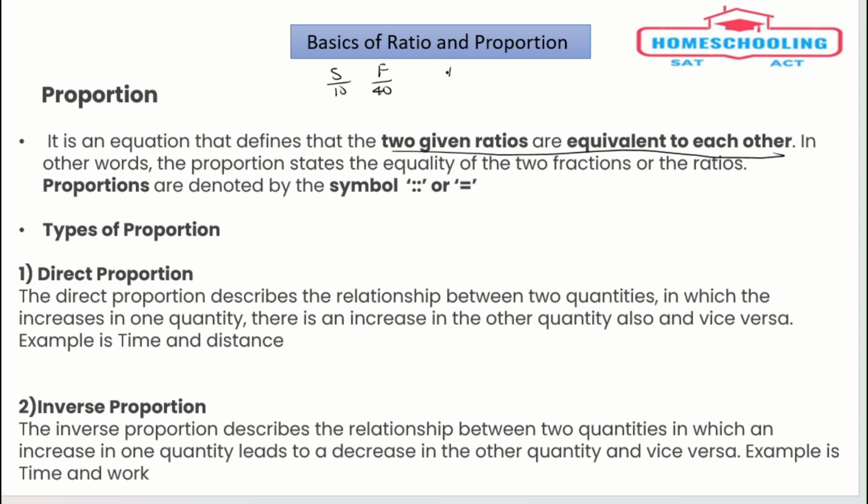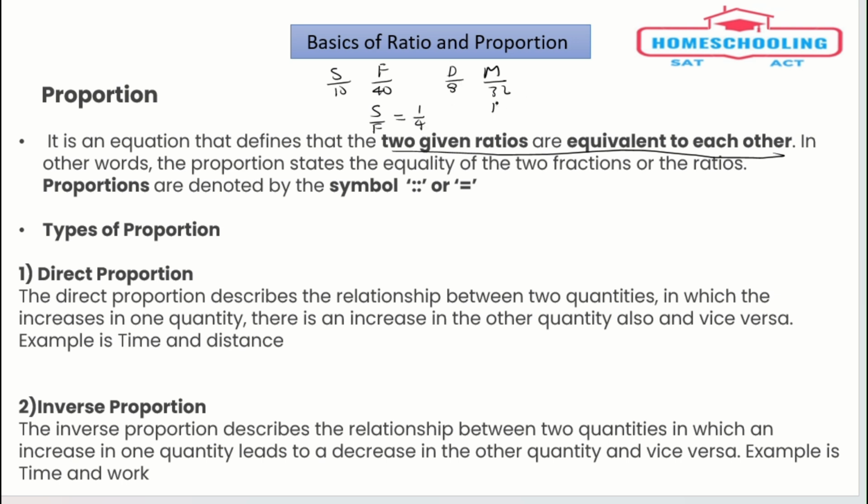Let's say the daughter's age is 8 years, and the mother's age is 32 years. So we can write son by father, which is 10 divided by 40, so that would be 1 by 4.